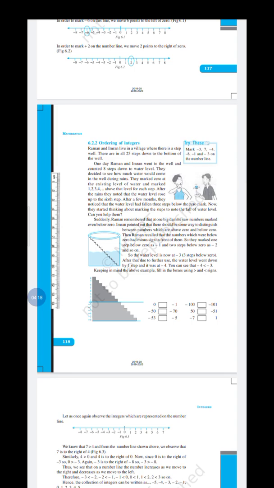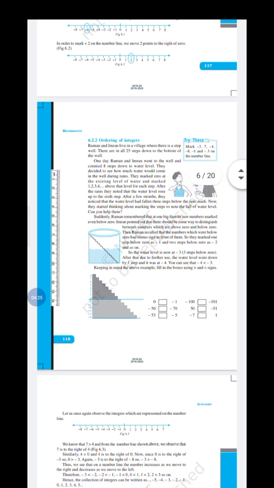Imran pointed out that there should be some way to distinguish between numbers above 0 and below 0. Then Raman recalled that the numbers below 0 had a minus sign in front of them.